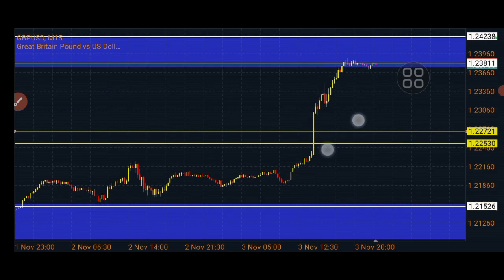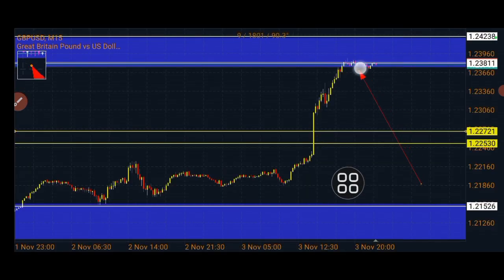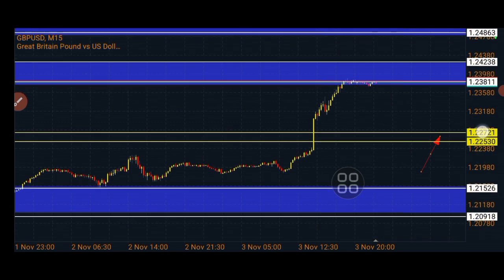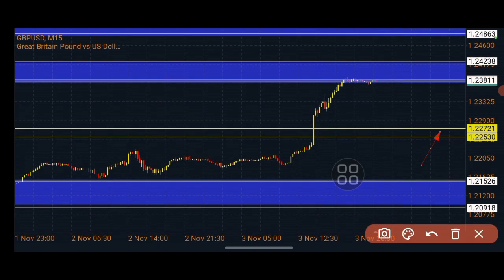So as you can see, as price reached the zone here, it has started rejection. It has started showing interest of rejection. So there might be a pullback to this zone to continue. There might be a pullback to here, continue, or it will reach and drop. Something like this, from here to here, go back, or from here, when it reaches here, it breaks, it will come back and reach here.